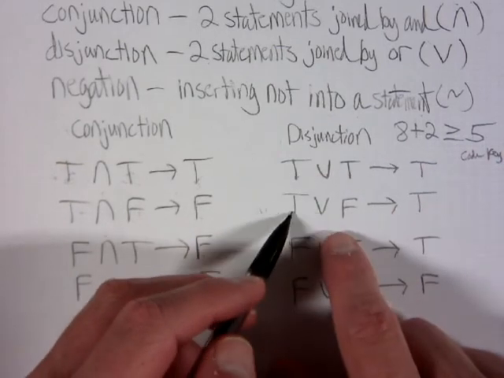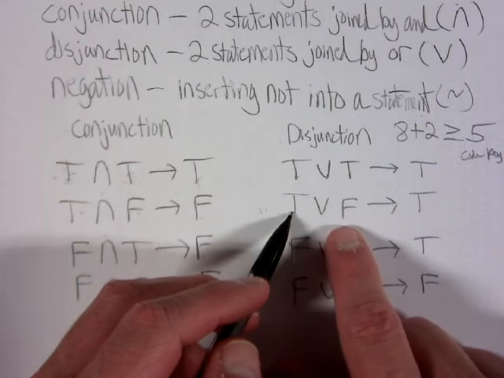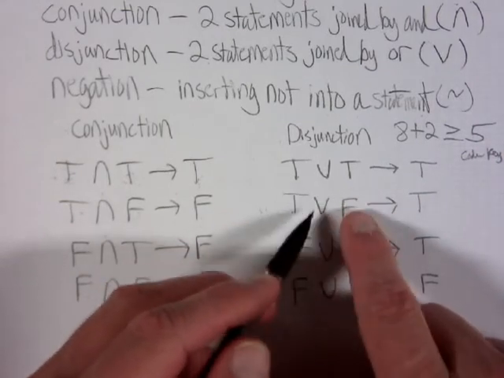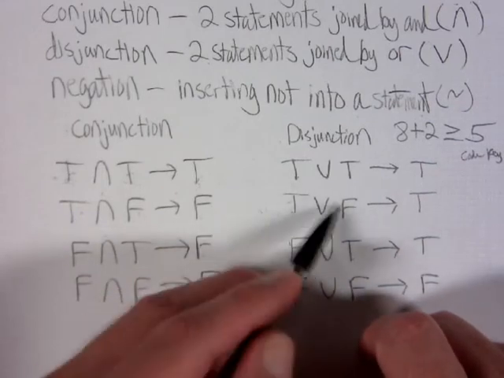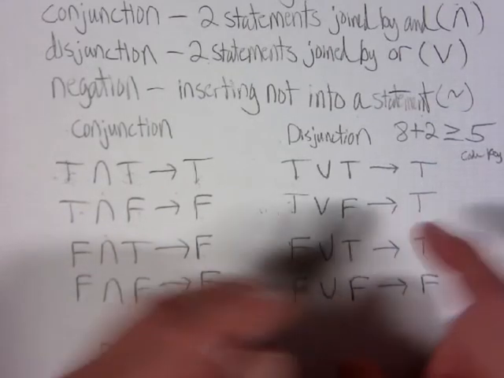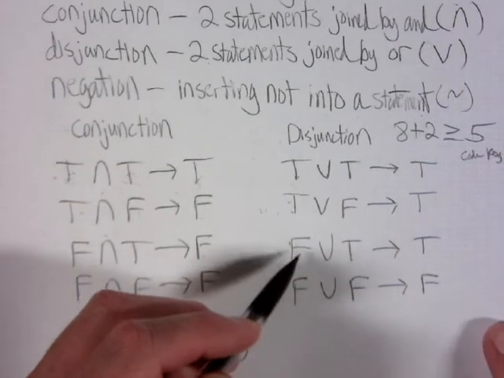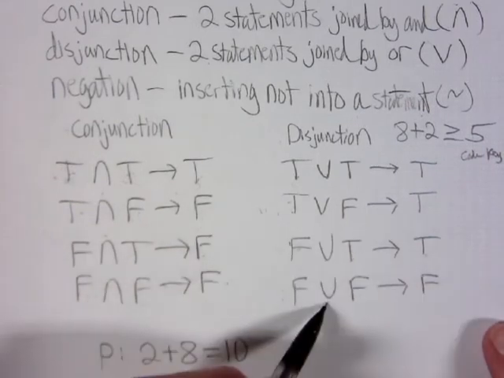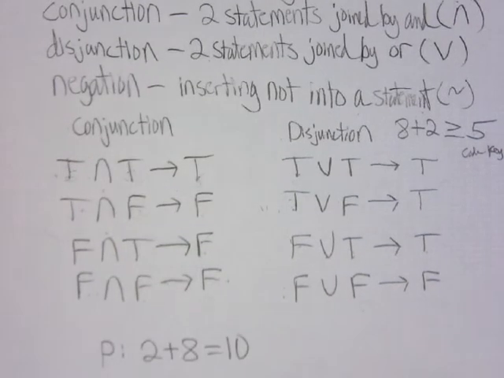If the first statement is true and the second is false, then the entire statement is true, because once again it's an or statement. So for or, only one part has to be true to make the whole disjunction true. If the first part is false and the second part is true, then the statement is true. And the only way that a disjunction, an or statement, can be false is if both parts are false.